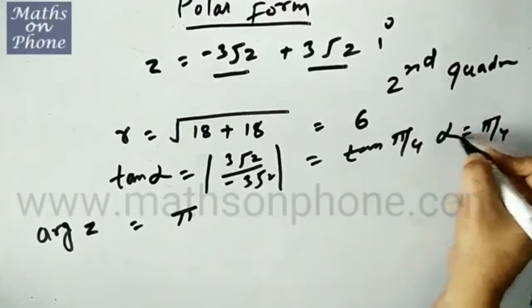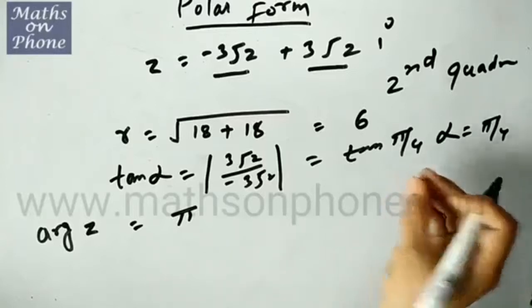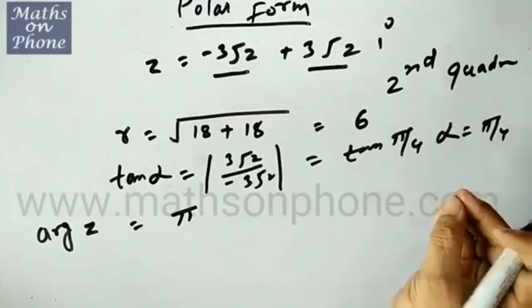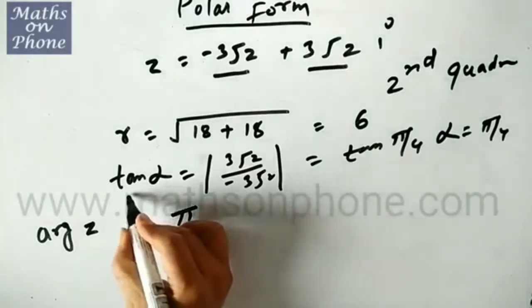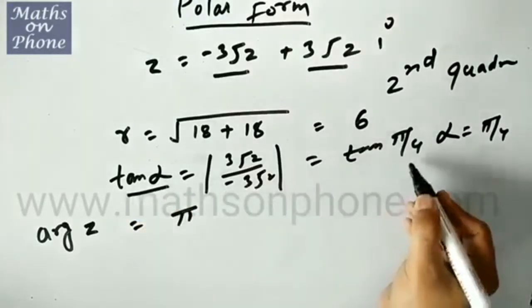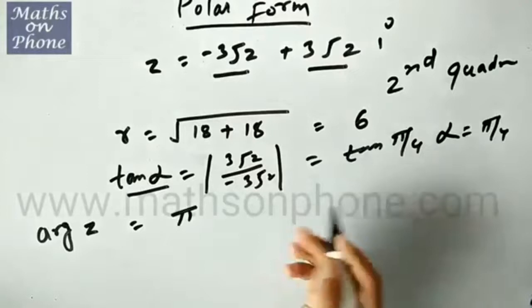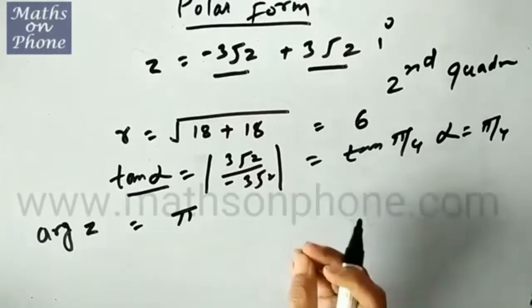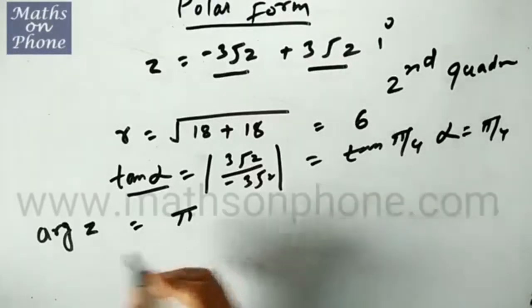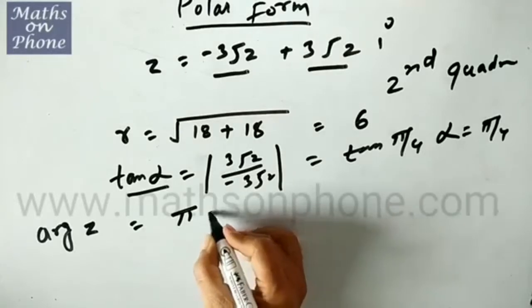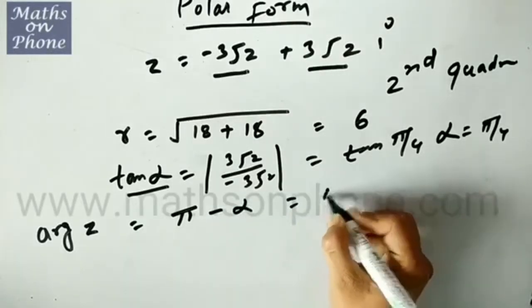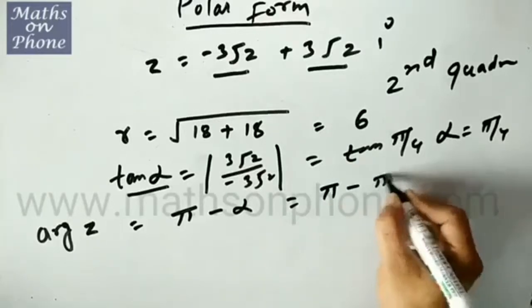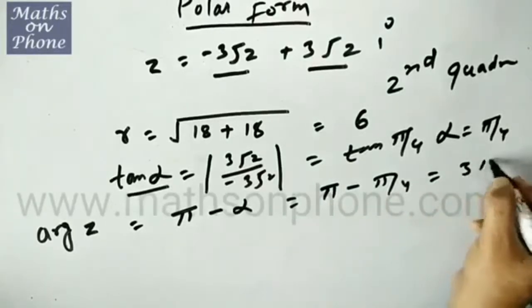We are not sure in which quadrant, so we find the value of alpha instead of theta here, and now we will decide what exactly theta will be. If it is lying in the second quadrant, it will be pi minus alpha. So it will be pi minus pi by 4, so it is coming out to be 3 pi by 4.